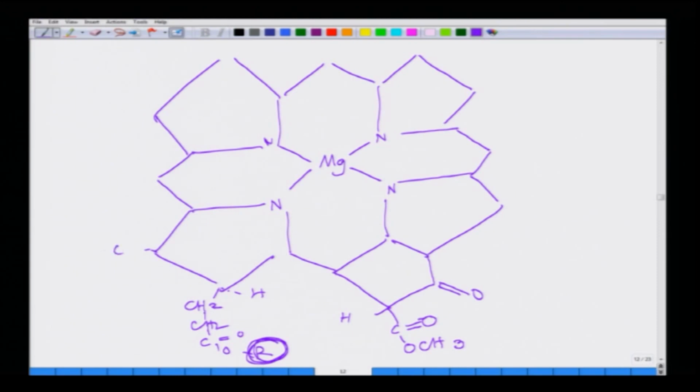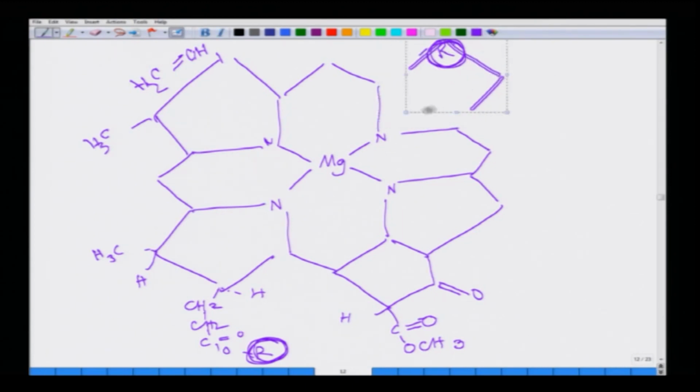Wait, this is CH3, this is H, and here you have CH3, CH, CH2, and then you have an R group out here. There are two R groups. I'll tell you which one actually causes the difference. You have to redo this again.